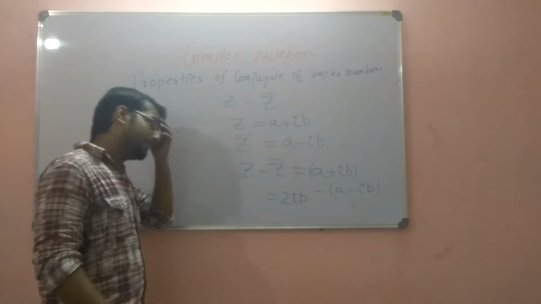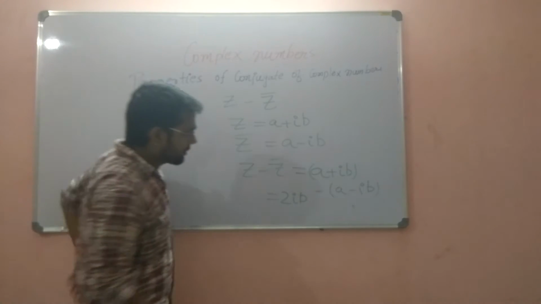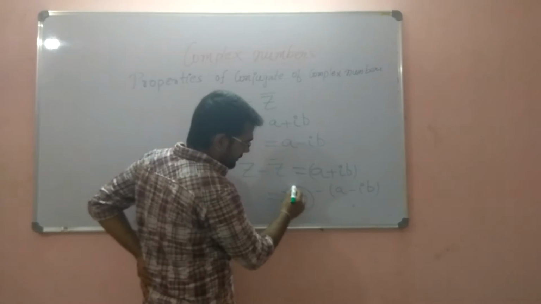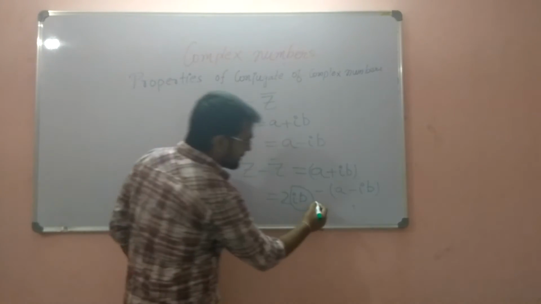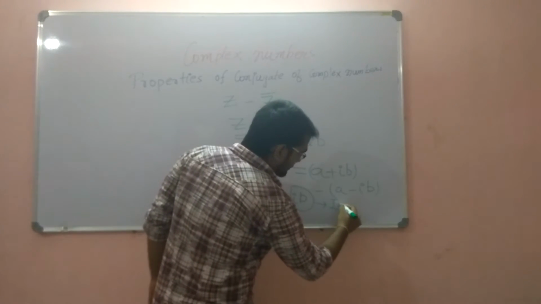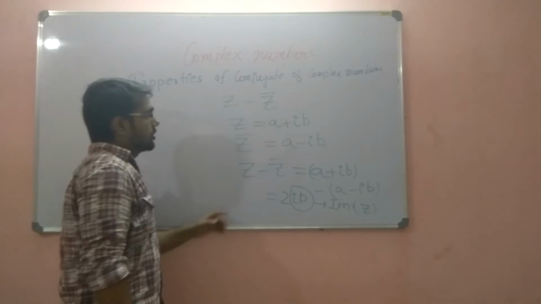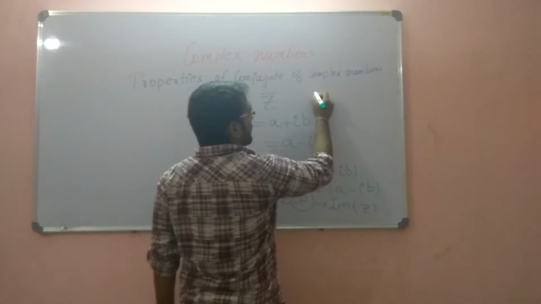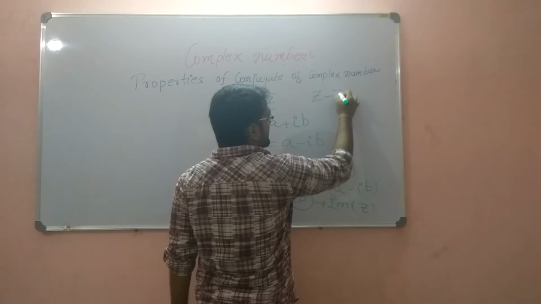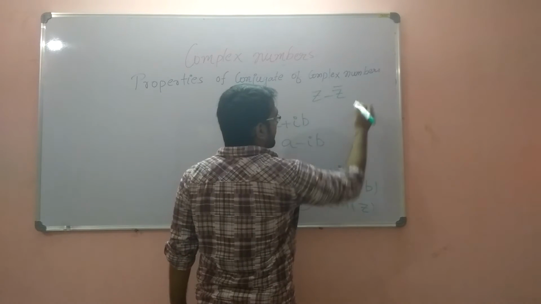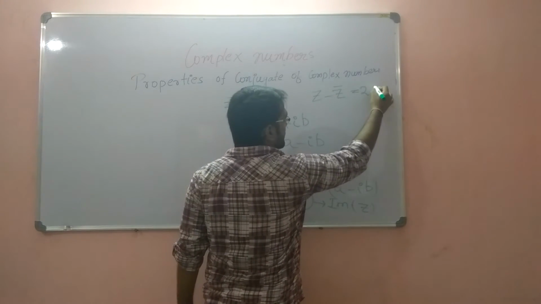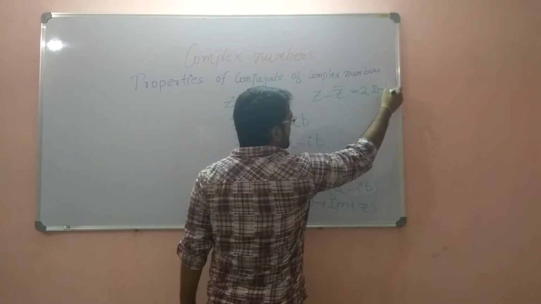Now we know this is the imaginary part of z. So we can write z minus z bar equals 2 times the imaginary part of z.